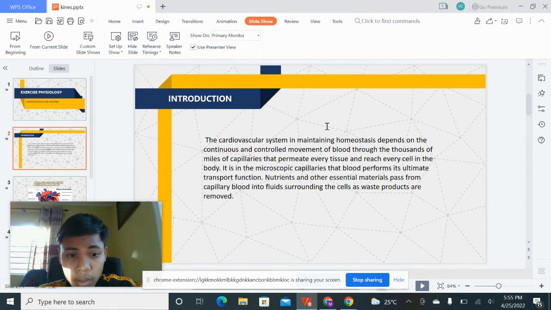It is in the microscopic capillaries that blood performs its ultimate transport function. Nutrient and other essential materials pass from capillary blood into fluid surrounding the cell as waste products are removed.